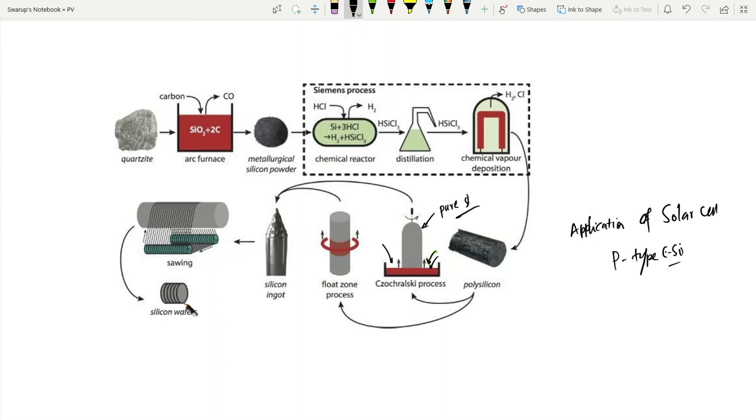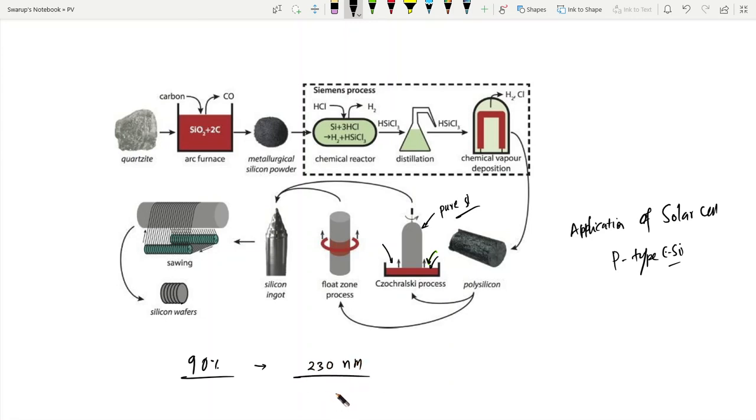Now, while sawing, what should be the thickness, right? The typical thickness is again determined by the design rule we saw earlier. From Beer-Lambert's law, we find out the typical thickness required to absorb at least 90% of the photons. If you calculate, it comes roughly around 230 nanometers.